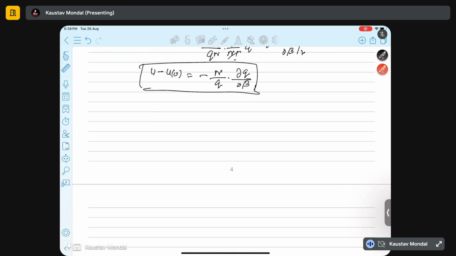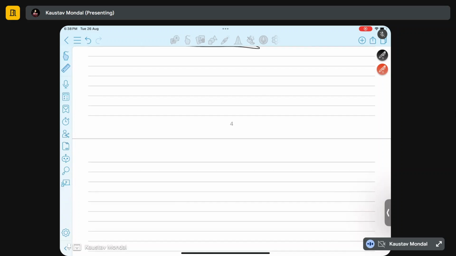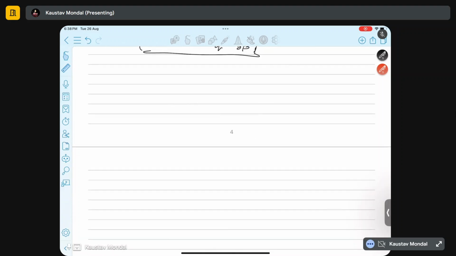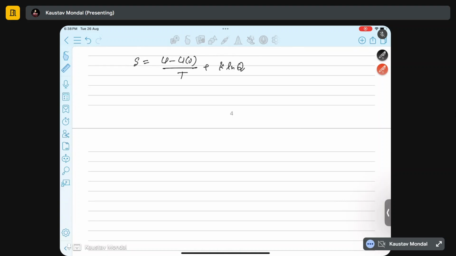But before that, first we will write the generalized expression of the entropy. So S, the entropy, is U minus U0 by T plus k into ln Q. This is the general expression of the entropy.